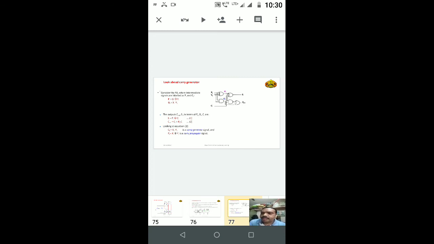So what is the meaning of Pi? Pi is the output of the XOR gate which has inputs Xi and Yi. There are two inputs, Xi and Yi, and the output of this XOR gate is called Pi.